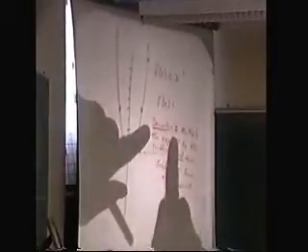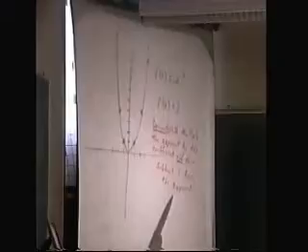To find the derivative, we multiply the exponent, what's the exponent? 2, by the coefficient, 1, which gives us 2, and then we subtract 1 from the exponent, which gives us x to the first. That is the derivative.